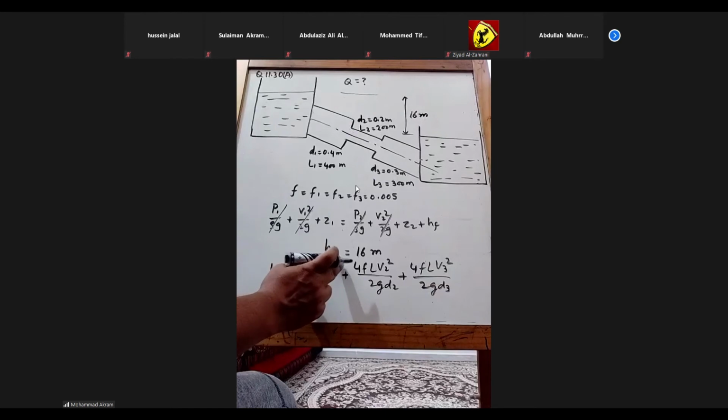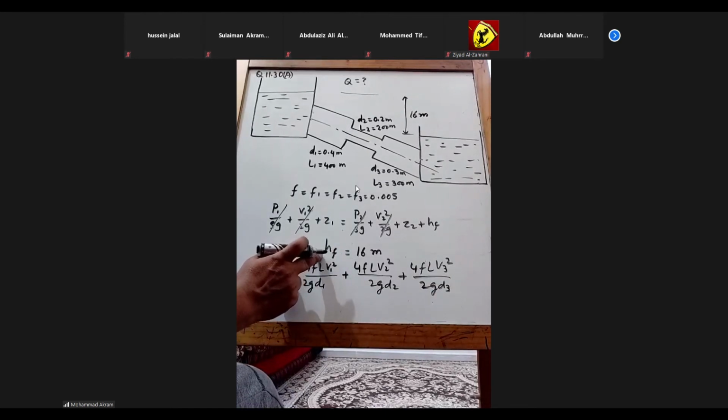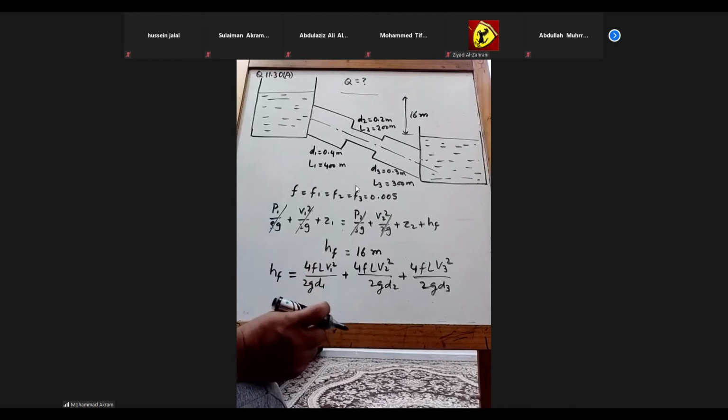If you remember, we kept V1 in terms of Q, 4Q divided by pi D1 square, right?